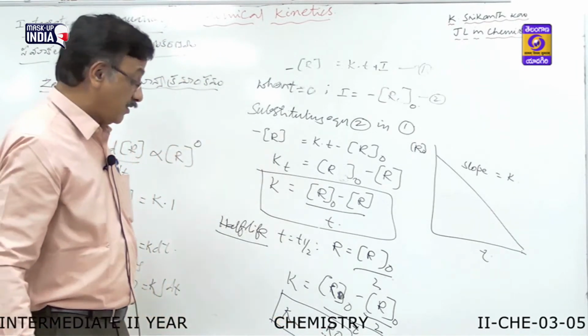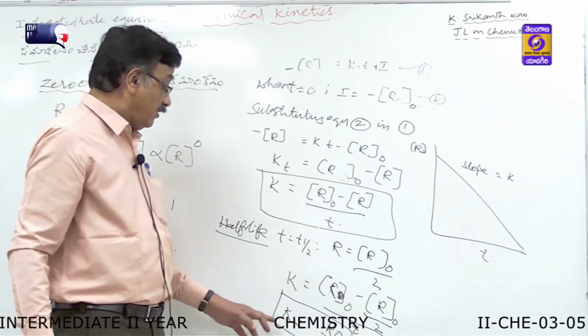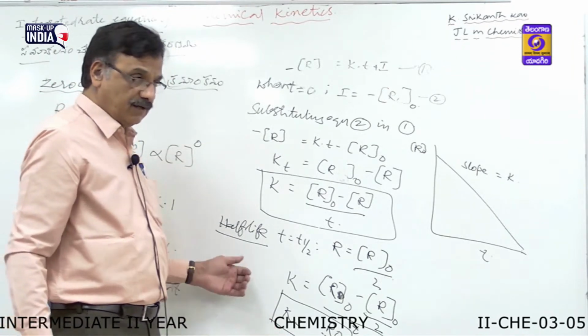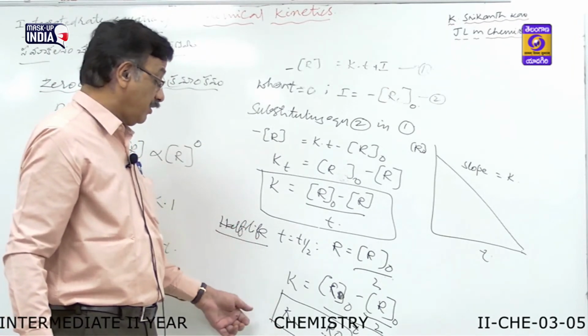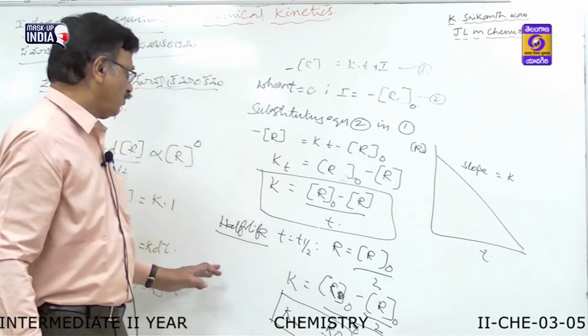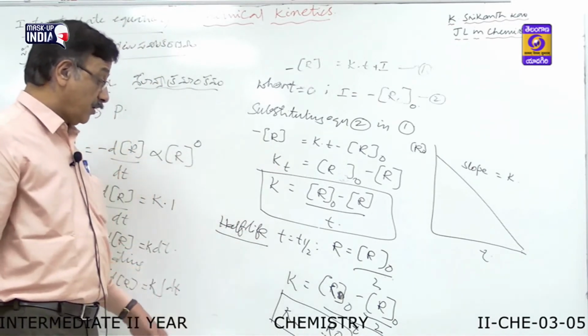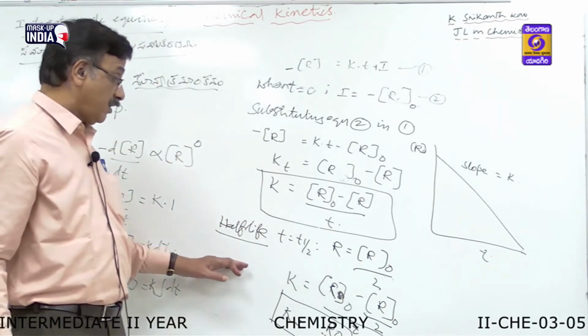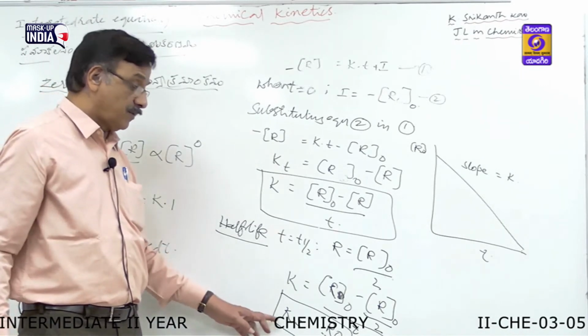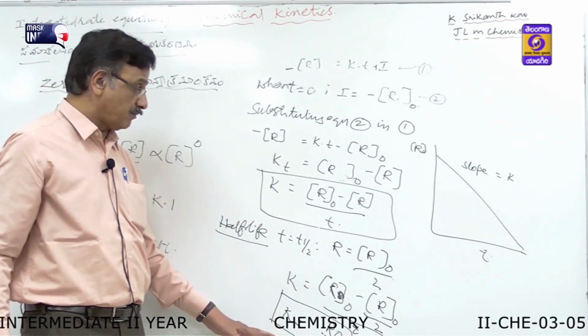Right? So this way, the half-life expression for the zero order reaction can be derived. శూన్య క్రమాంక సమీకరణానికి మనము half-life అద్దాయు చర్యను కరెస్పాండింగ్ ఈక్వేషన్ ని మనం డెరైవ్ చేస్తాము.